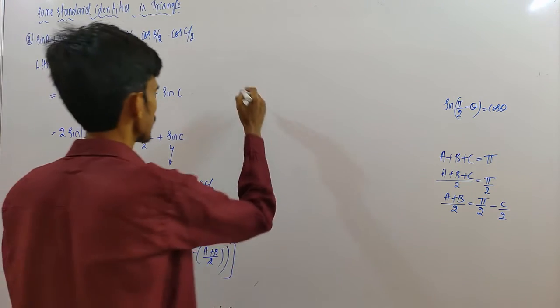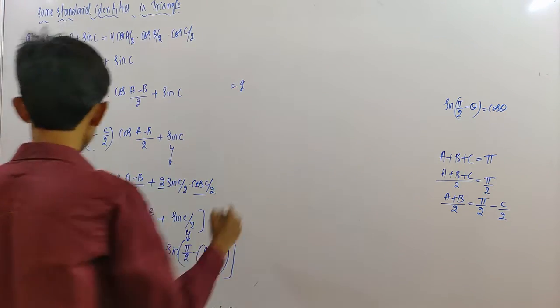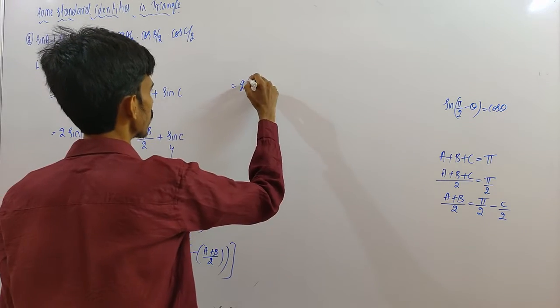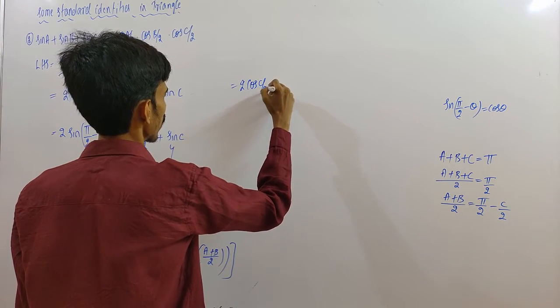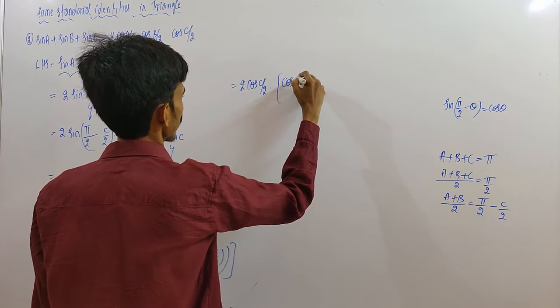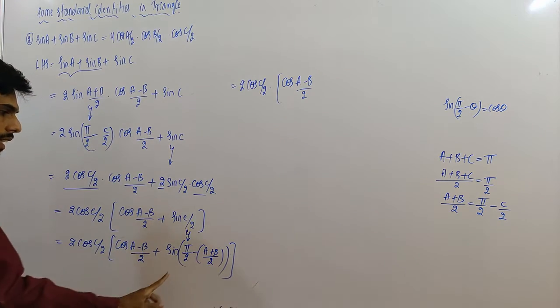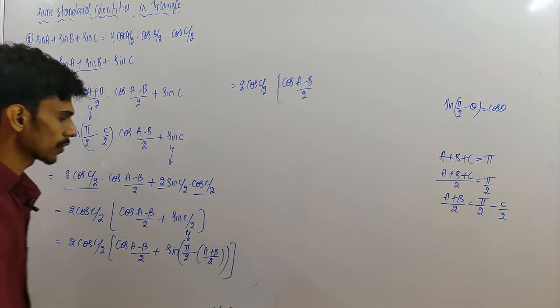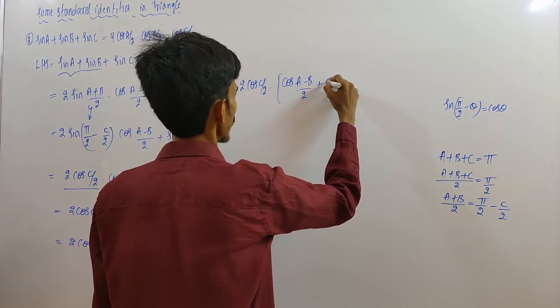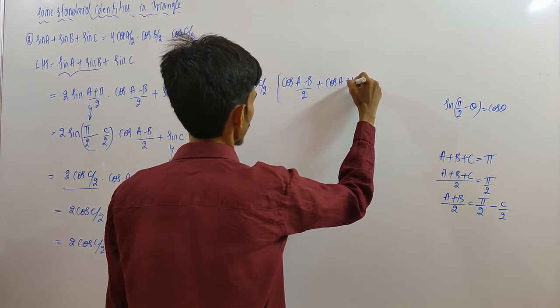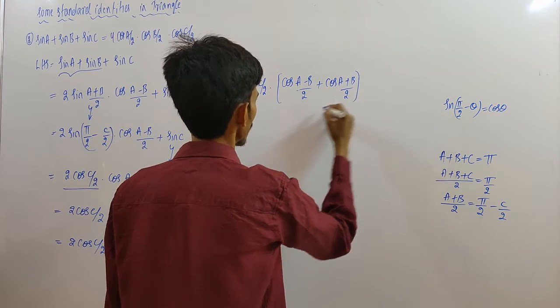So this can be written as 2 cos (C by 2) times the bracket. Sin (90 minus theta) is cos theta. So this will become cos ((A plus B) by 2).